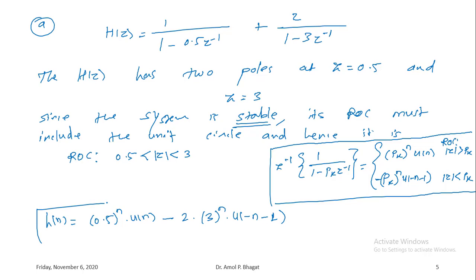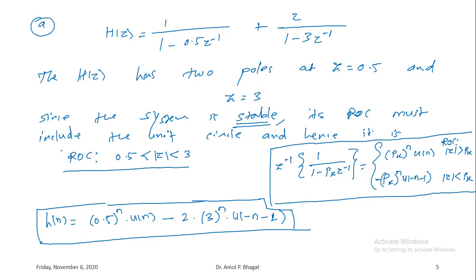So this will be the impulse response in the first condition, that is when the system is stable, and this will be its ROC. Similarly for the second condition, what is the second condition? The system is causal. So when it is causal, it should be the exterior of a circle.